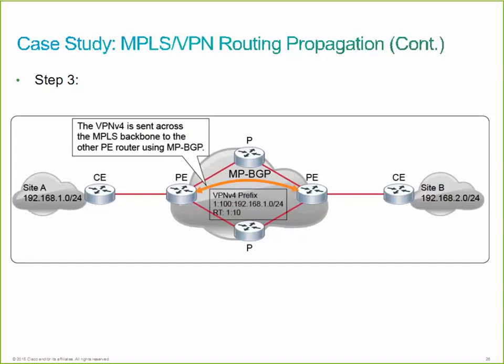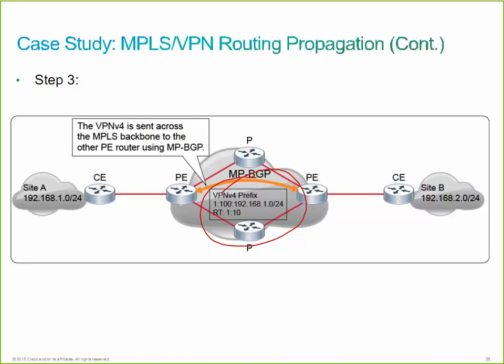We see it kind of in the middle right here. 1:100:192.168.1.0/24. The PE router sends that prefix across the MPLS backbone to the other PE router using MP-BGP. And the PE router attaches the route target to the VPNv4 prefix as well.